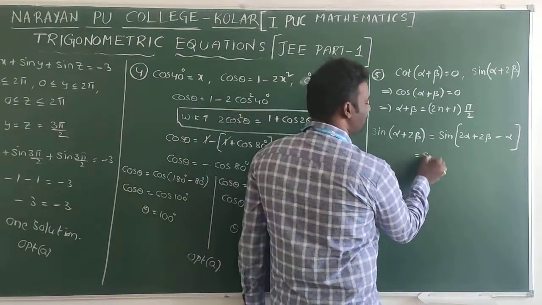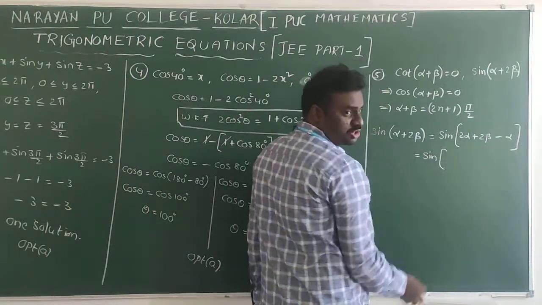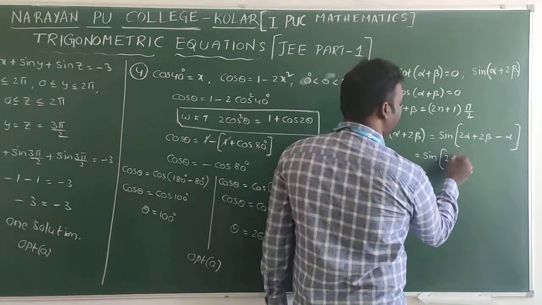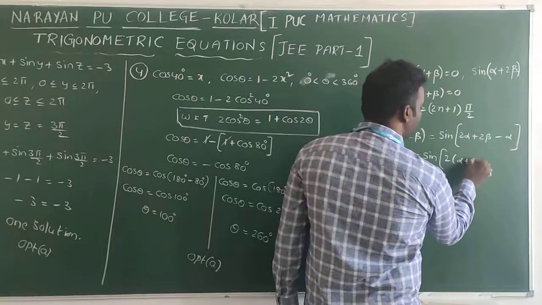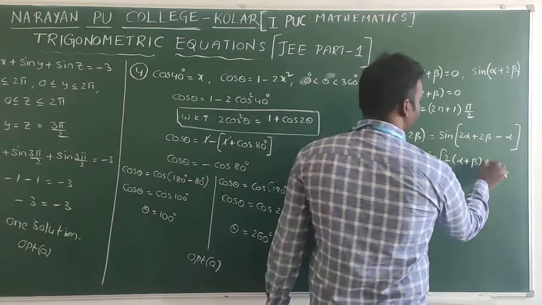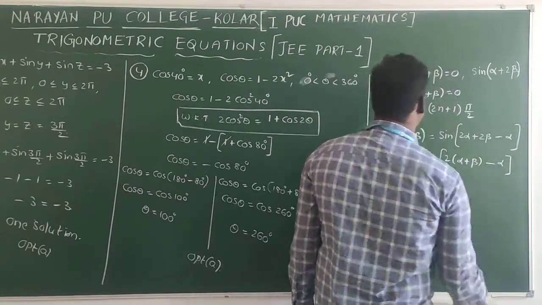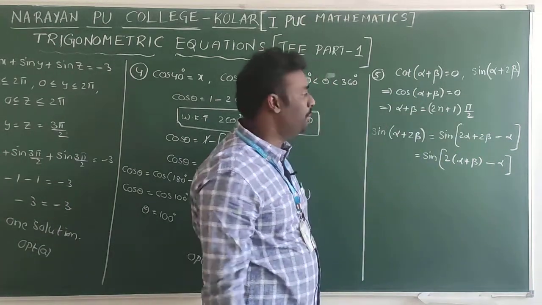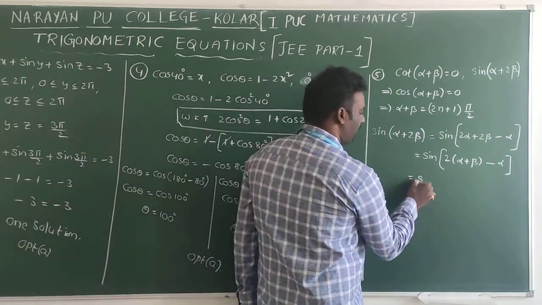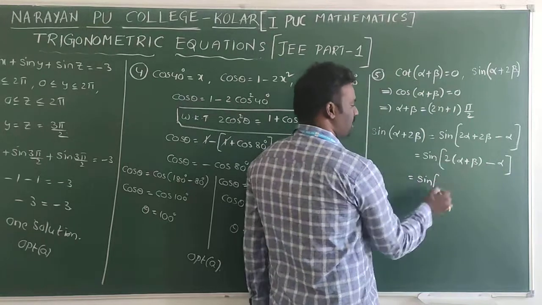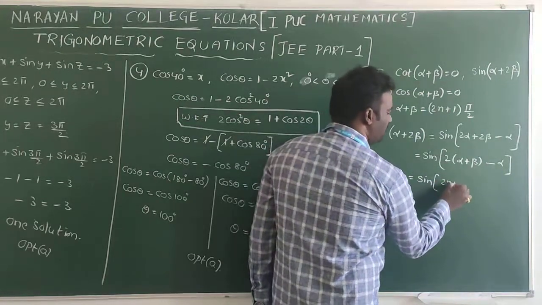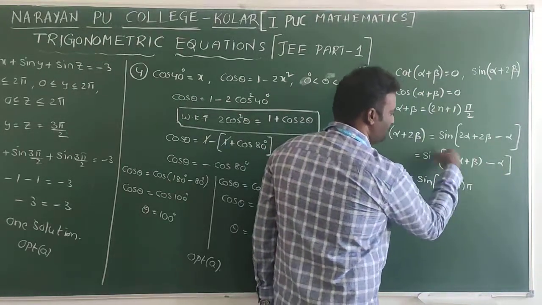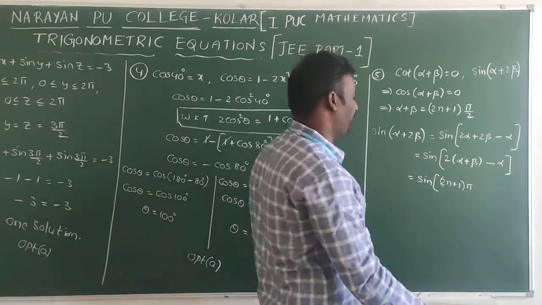That equals sin of, in the first two terms you take 2 common, alpha plus beta minus alpha. But alpha plus beta value is how much? 2n plus 1 into pi by 2. You can substitute. If you substitute, what will you get? 2n plus 1 into pi, because the 2 by 2 gets cancelled.